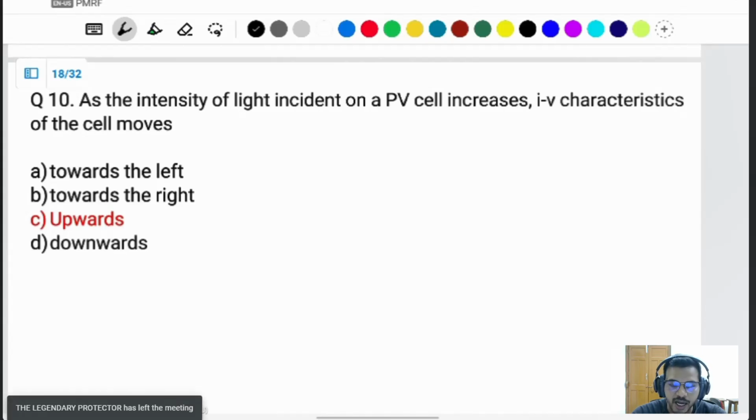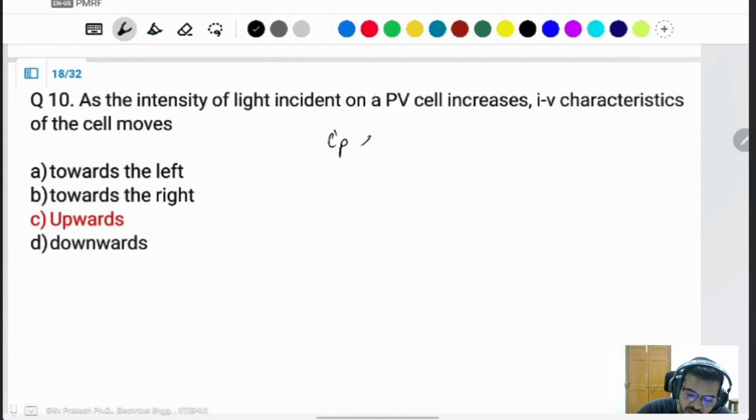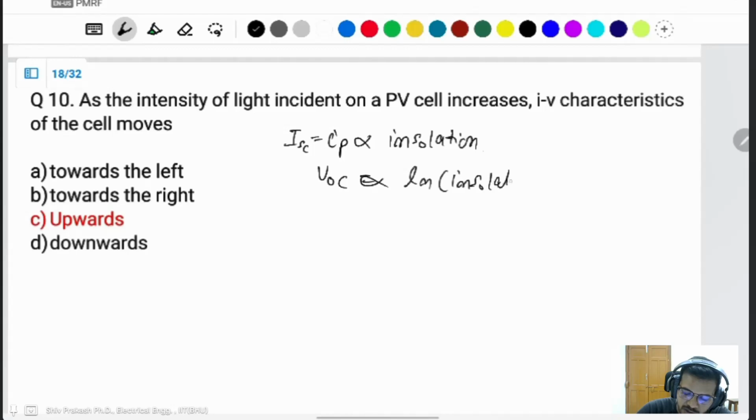Voltage will increase and current will increase. Current is directly proportional to the insolation, and voltage is directly proportional to the logarithm of insolation. It means the short circuit current increases more and the open circuit voltage increases, but by a smaller value.